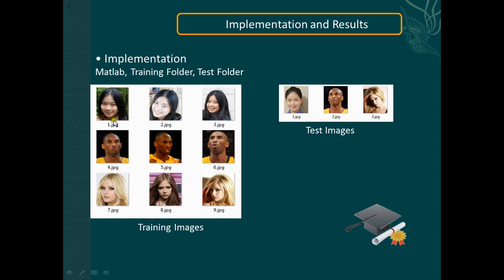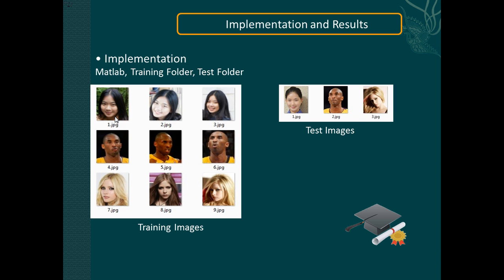The first is a Chinese girl, the second is Kobe Bryant, an NBA star, and the third is Avia, a female singer. And each has 3 training images. In the test images, there are 3 photos, a new picture for each person. The task is to recognize their identities.